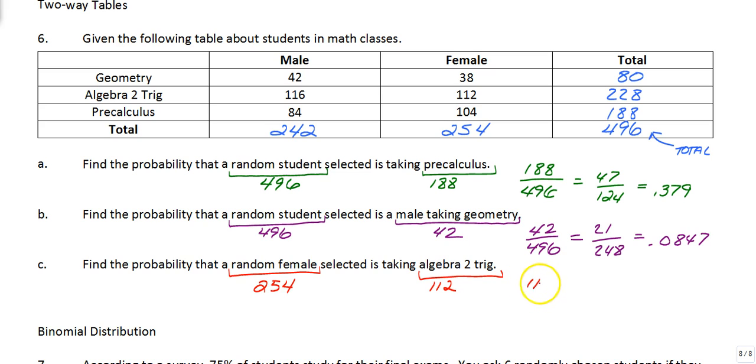And our setup for this one is 112 divided by 254. That reduces to 56 over 127, or we can write it as 0.4409 as a decimal.